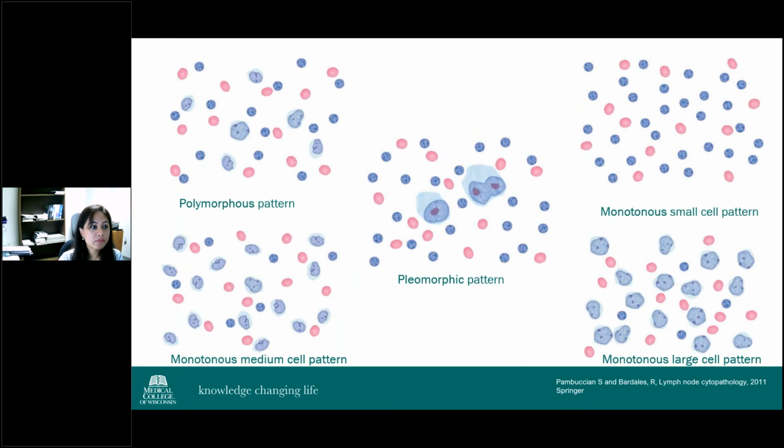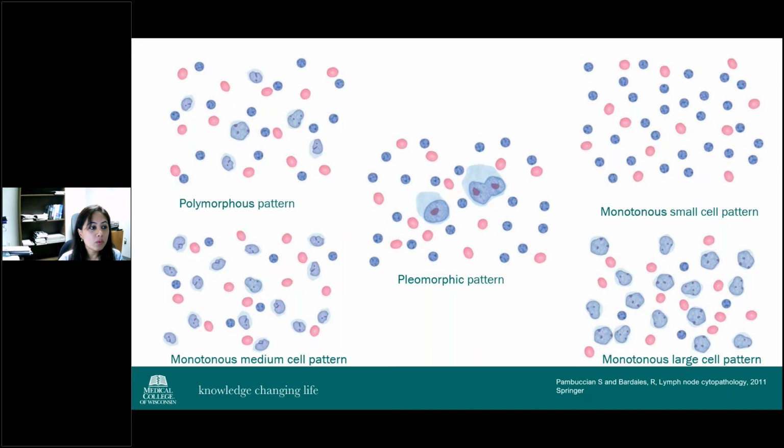Moving on, these are the main patterns that you would usually see on a lymph node cytopathology preparation. I have taken this from the book Lymph Node Cytopathology by Drs. Pambuccian and Barkan, and I really like this depiction of the main patterns that we see.